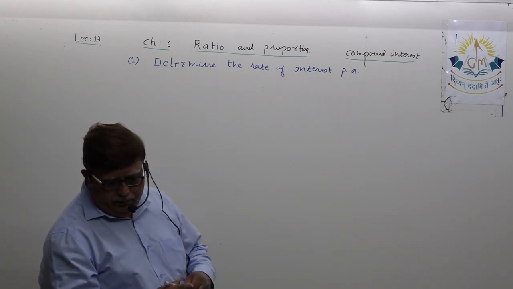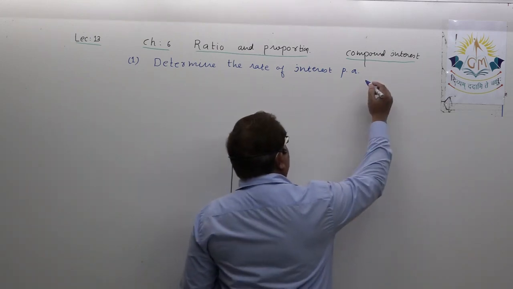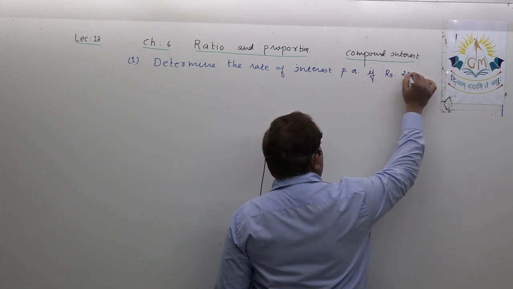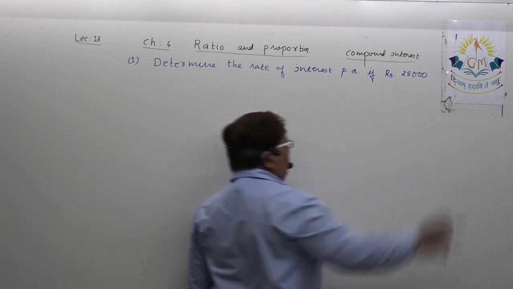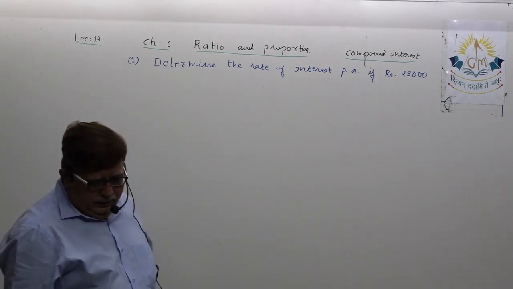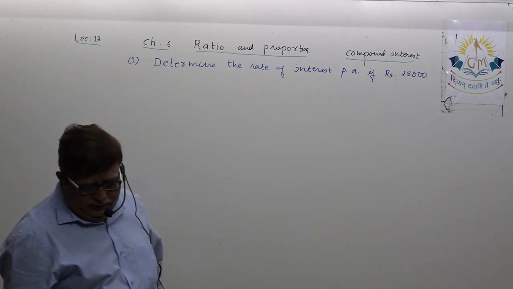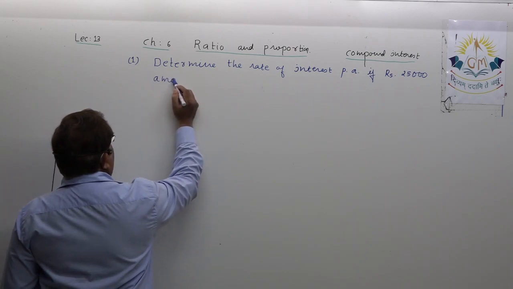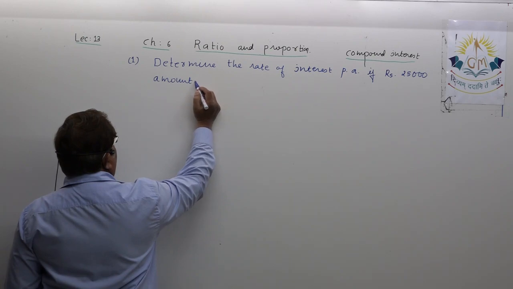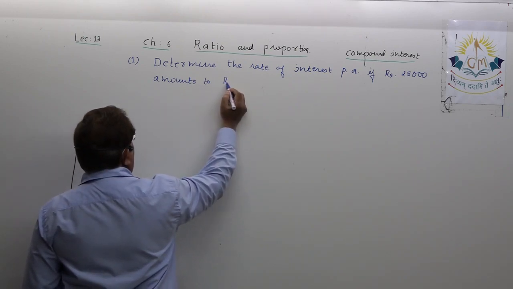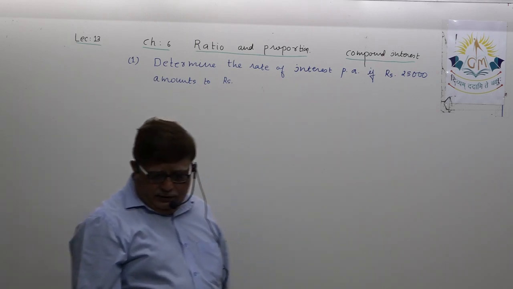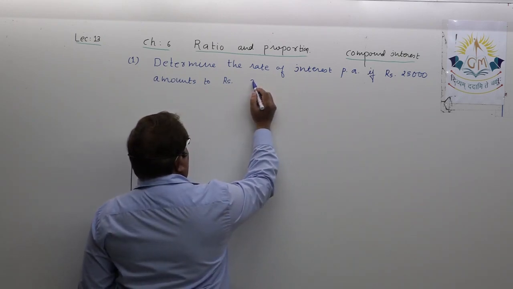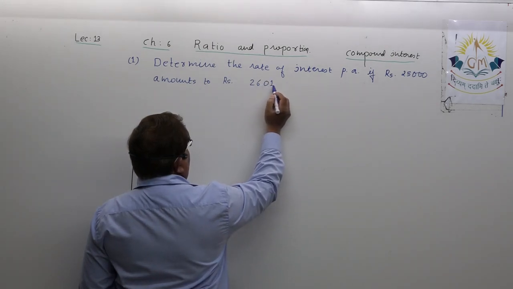Determine the rate of interest per annum if rupees 25,000 amounts to You need to understand and verify each and every word, dear student. Amounts to rupees 26,010. Okay.